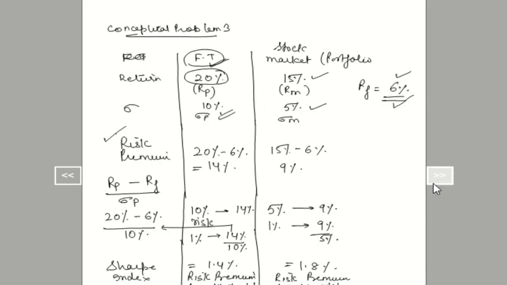On the next page I am writing: the higher the Sharpe ratio, the better is the performance.